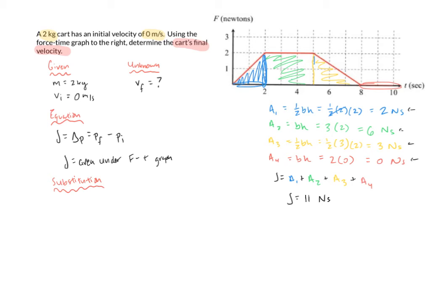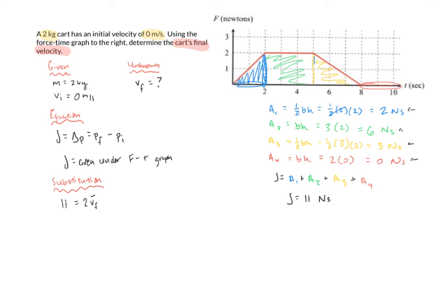So now I am ready for my substitution step. I know this is a lot in the middle, but you guys can do this. You've done this plenty of times before with our regular motion graphs. Let's go ahead and substitute in. My impulse is 11 newton seconds. My final momentum is given by my mass, which is 2 kilograms, times my final velocity, which is my unknown.